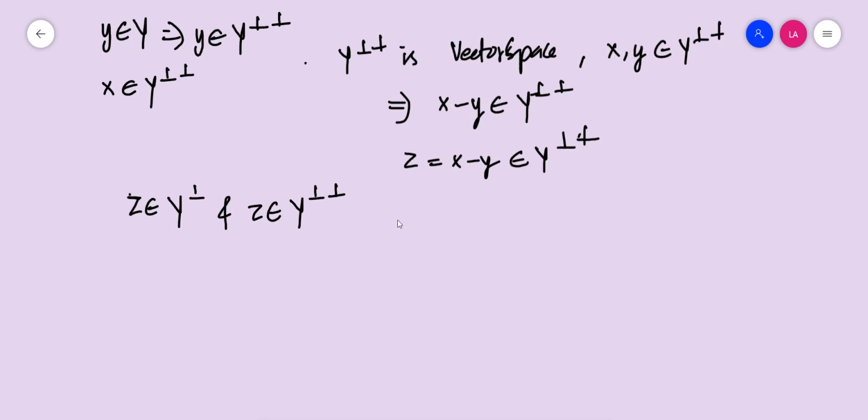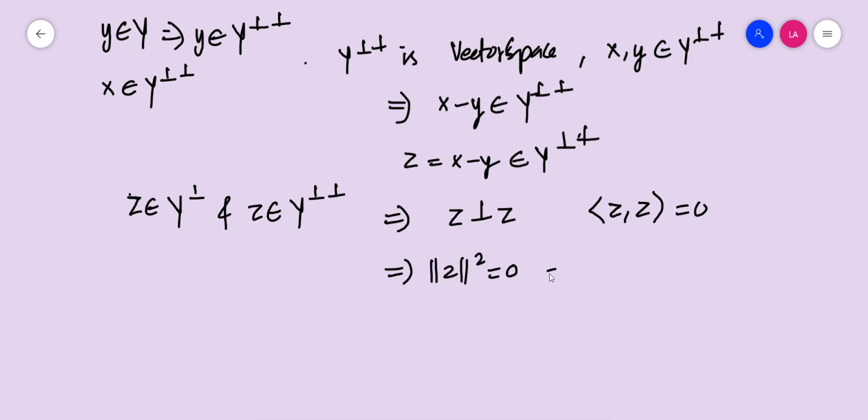Or, in other words, we can safely say that Z is perpendicular to Z, which means inner product of Z with Z is equal to 0, which implies norm Z square is equal to 0, which implies norm Z is equal to 0, which implies Z is equal to 0. That's the idea.